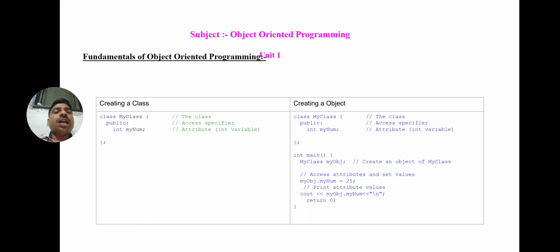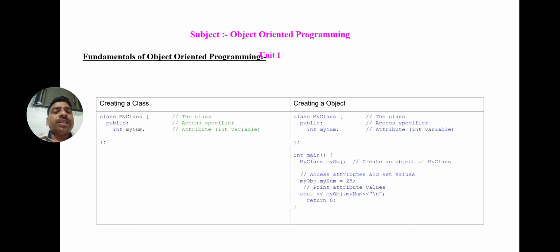Then we'll see how to create the object. Here we are not going to repeat the class part. Just see the main function, that is int main. As we know, the main function in object oriented programming language is always with integer.